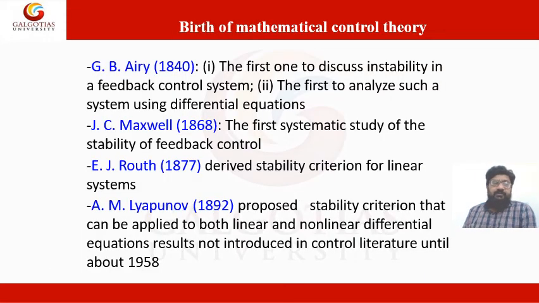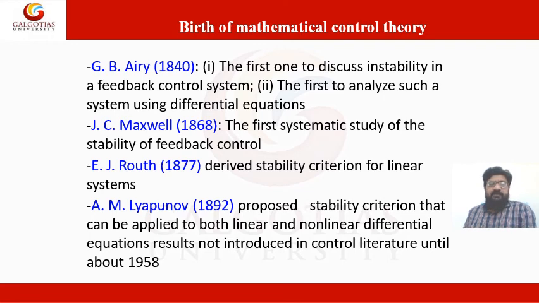Modern control theory begins in 1840 with G.B. Airy. He was the first to discuss instability in a feedback control system. He proposed some mathematical analysis, studied the input and output response, and analyzed such systems using differential equations. In 1868, Maxwell systematically studied the stability of feedback control, how feedback given to the input can destabilize the system.